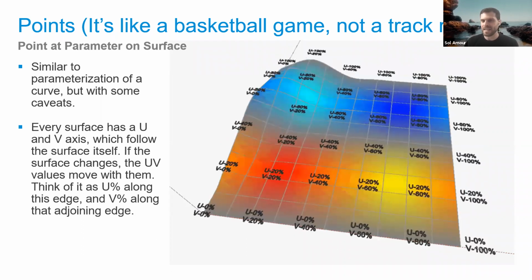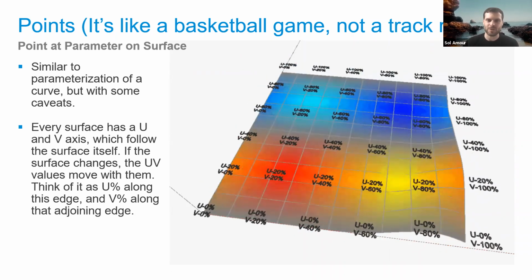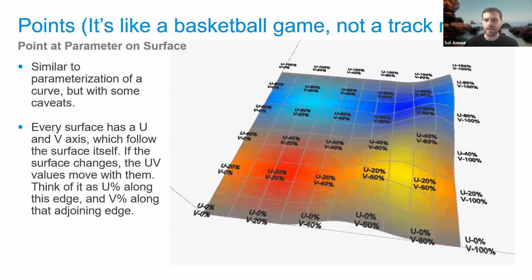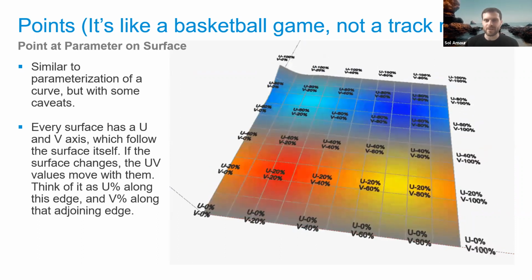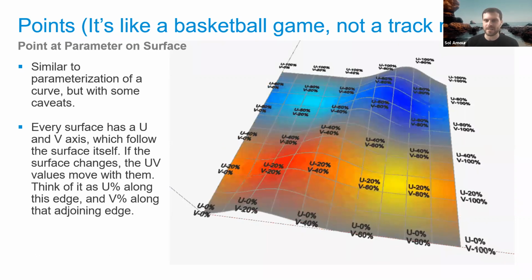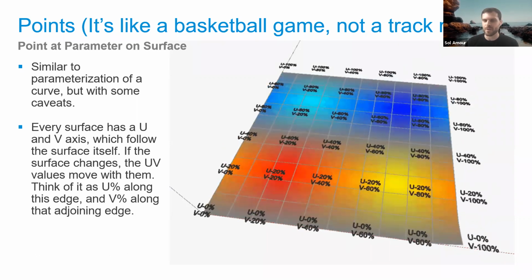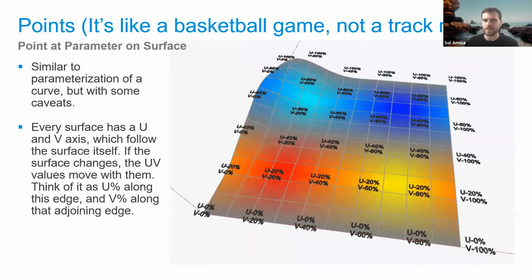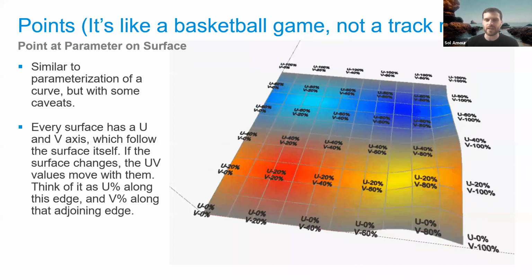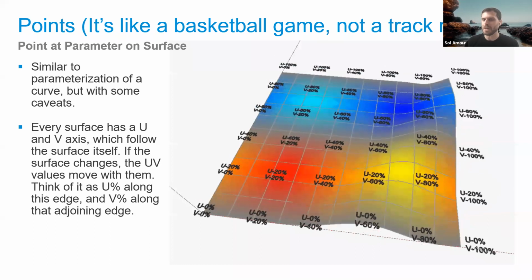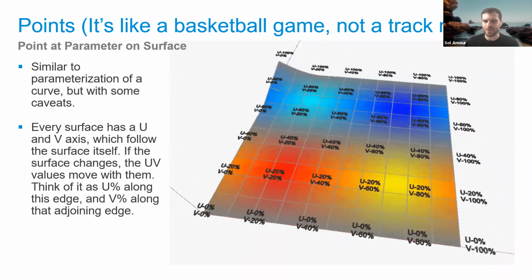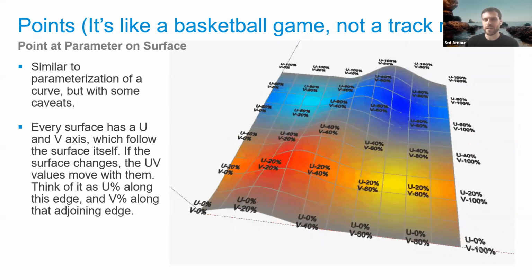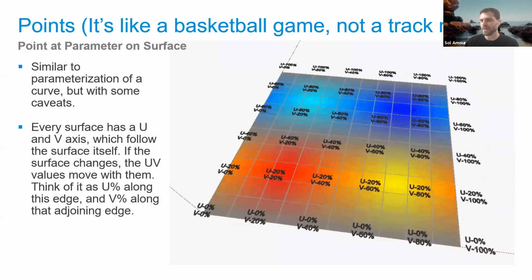And this parameterization, again, uses the same analogy that Jacob used before, percentiles. At the upper bounds, you're going to have 0, and at the lower bounds, you're going to have 100%. In any space within that matrix, in both the U and the V way, we'll have a percentile of U and a percentile of V. So you'll notice as this surface is waving down from upper left to lower right, those UV locations are actually moving in space as well.